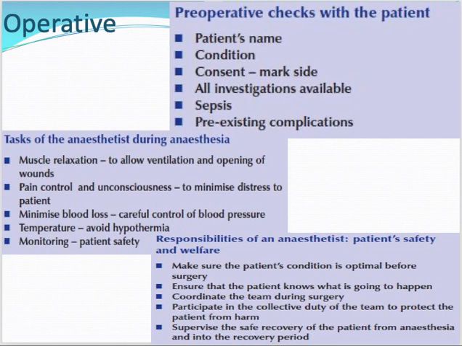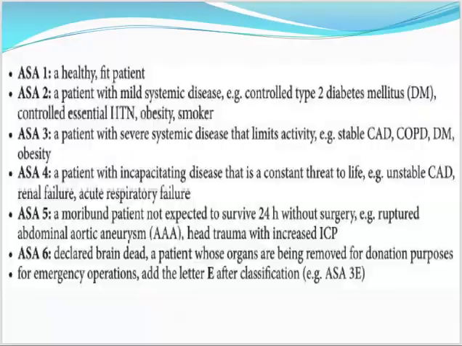Okay, so after that comes this chart. This one is basically ASA. ASA is the American Society of Anesthesiologists. They gave this scoring. So you can see ASA 1, ASA 2, 3, 4, 5, and 6.